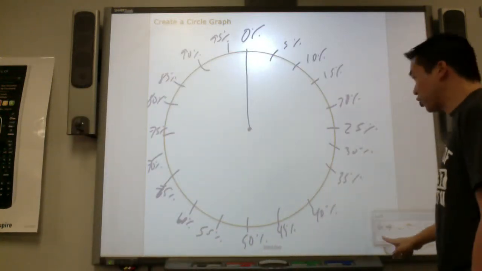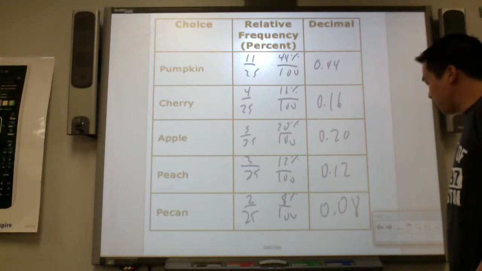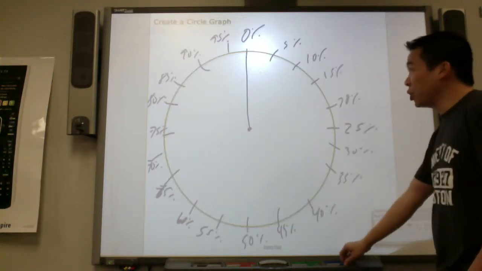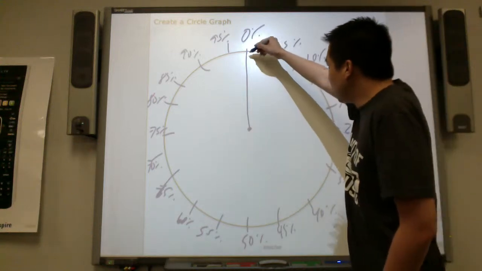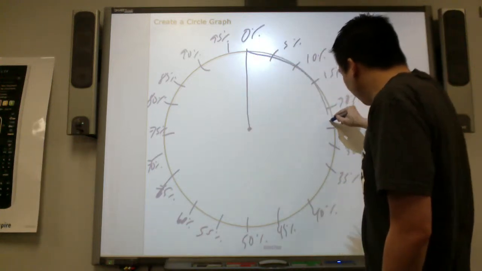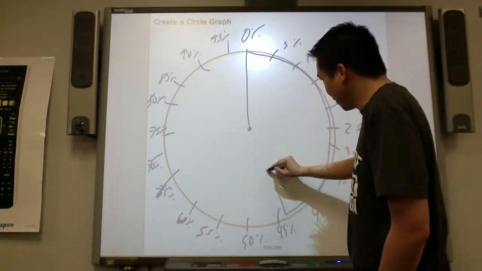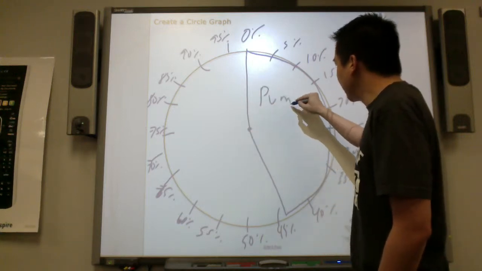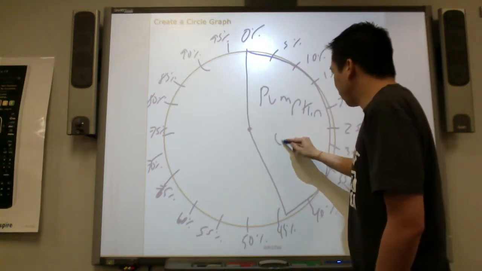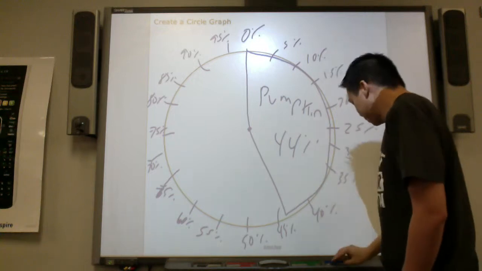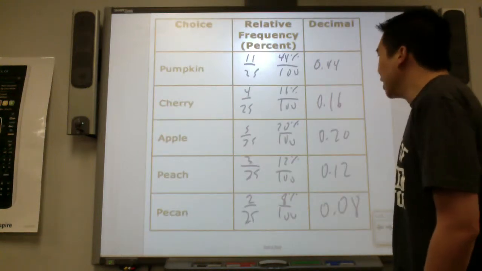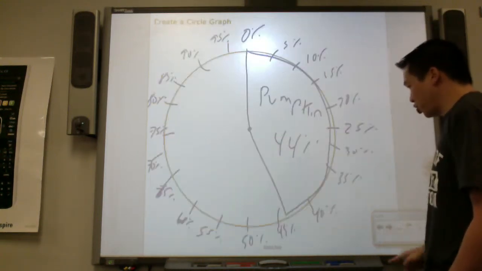So let's go to our first survey. 44% prefer pumpkin. So where is 44%? We start at 0. We shade all the way to 44%, which is right here. So this is pumpkin, and it represents 44%. Next one. 16% prefer cherry.